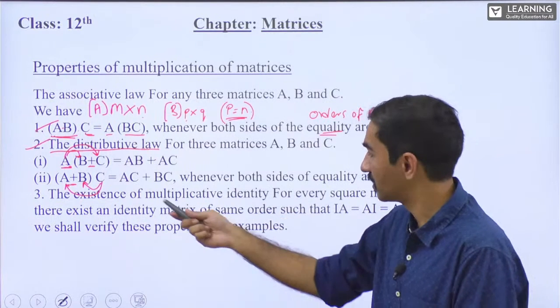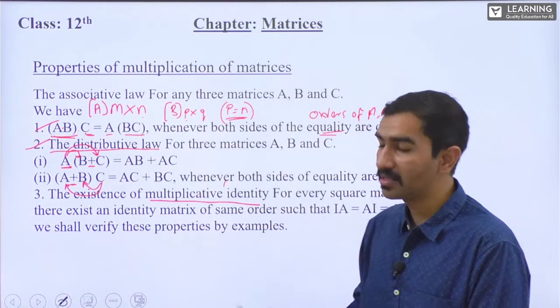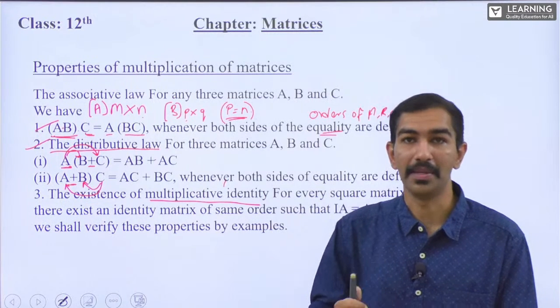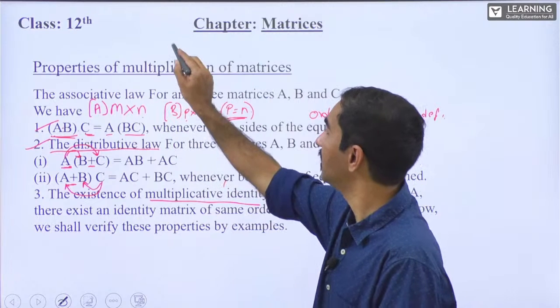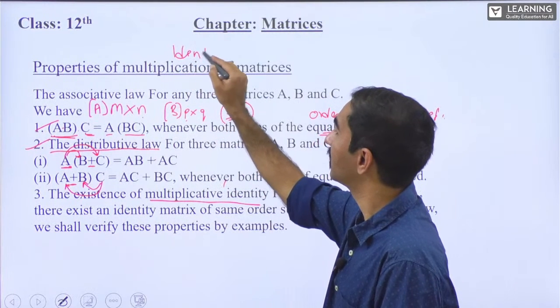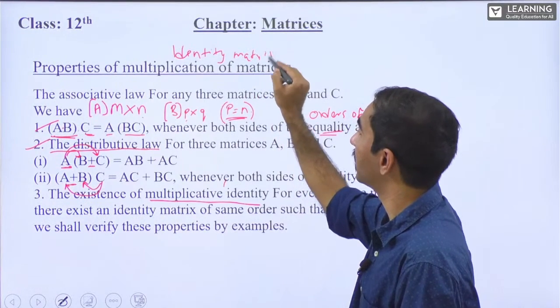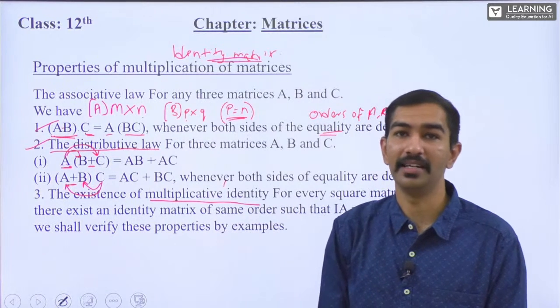Multiplicative identity, students. So what is the multiplicative identity in numbers? 1. So 1 is the identity in numbers, right? What is it for matrices? We have a type of matrix called the identity matrix. When we discussed the types of matrices, we came across this term, identity matrix.